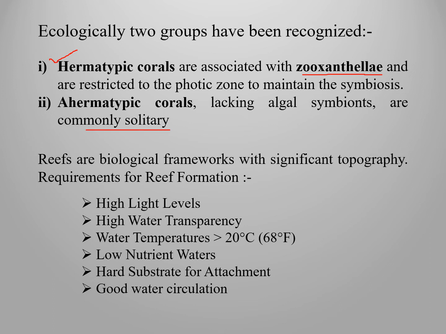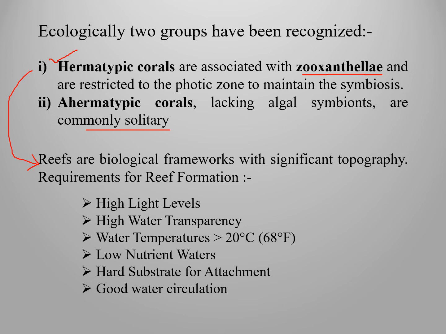Now, the reef corals, particularly the hermatypic corals. The reef is basically a biological framework with significant topographic relief, because here all the corallites join together and form a wall-like, restricted structure against which the waves and all kinds of marine water movements face some kind of obstruction.